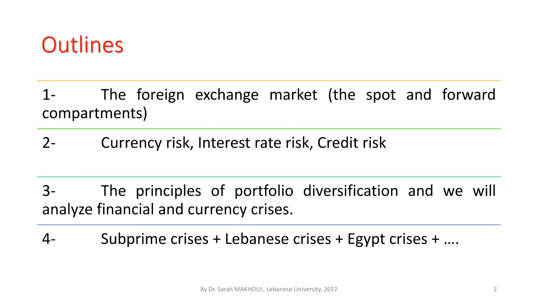financial tool. Also, if we have time, we'll get to know more about some crises, like the subprime crisis that occurred in the United States of America in 2007, 2008. We also get to know a bit more about the Lebanese crisis that is happening nowadays, which is mainly in the foreign exchange market, and how the Lebanese are dealing with such a crisis.